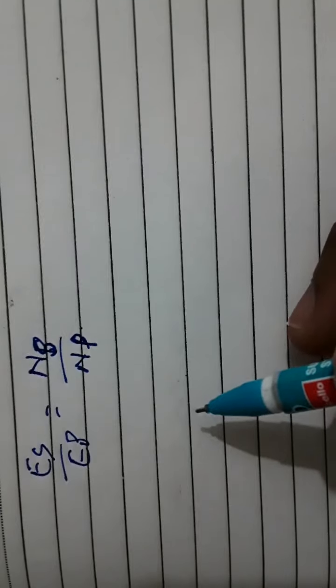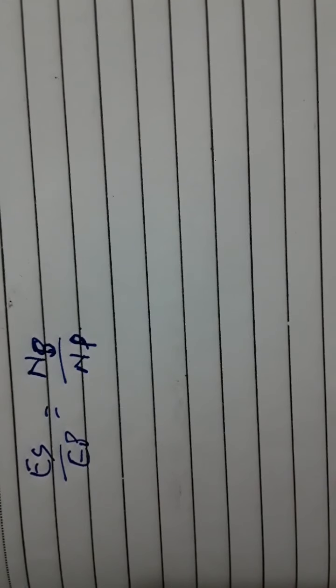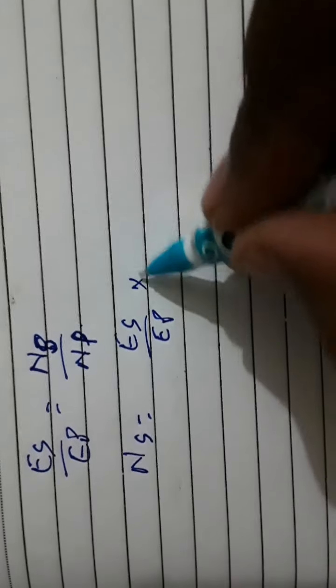So using the relation Es upon EP equal to Ns upon Np. Es and EP are given to us. Now we have to find the number of turns Ns. We can use the relation Ns is Es upon EP into Np.